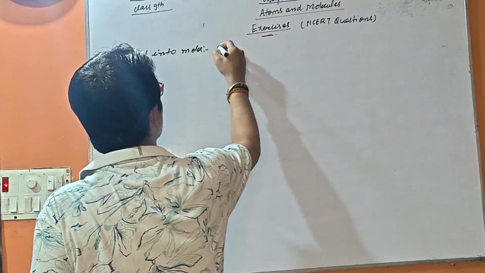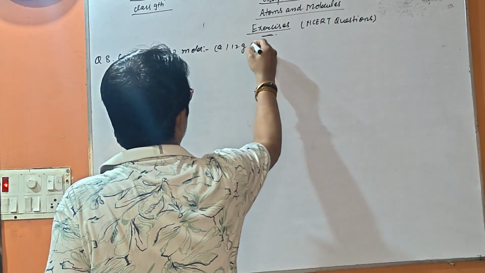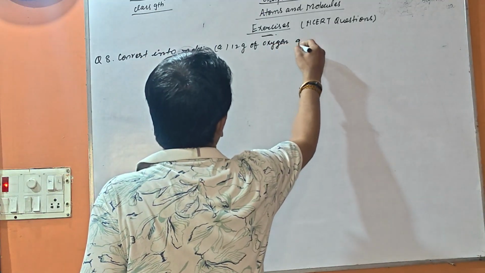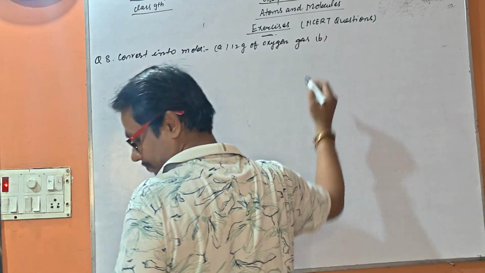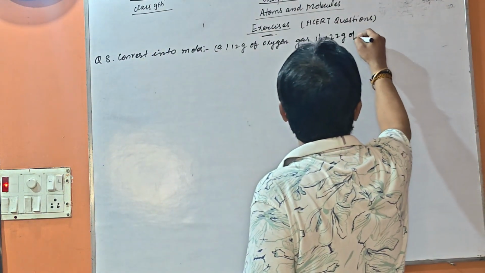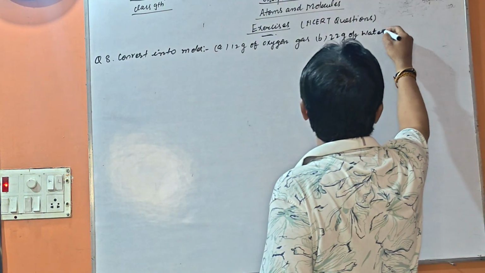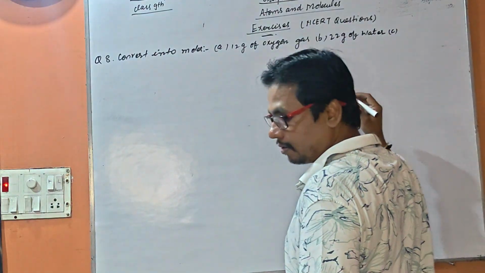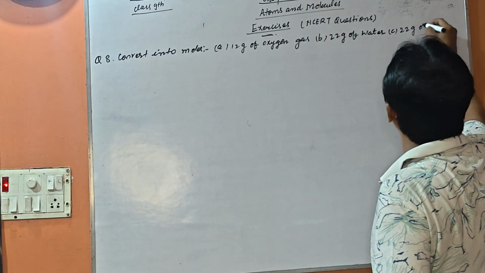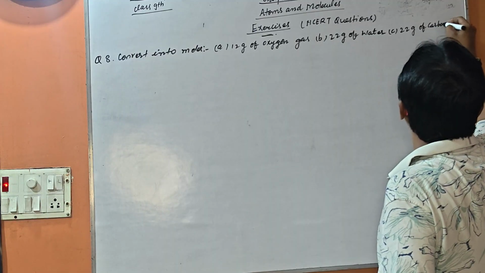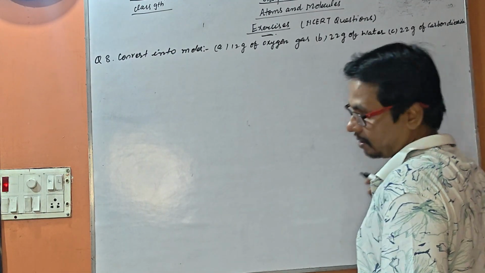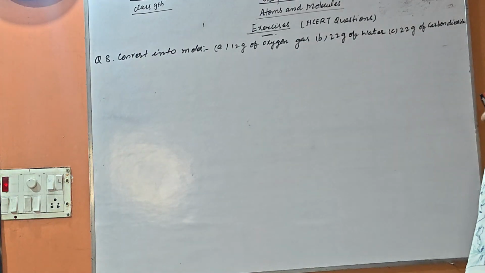A: 12 gram of oxygen gas, B: 20 gram of water, and C: 22 gram of carbon dioxide. So just look at the answer first.